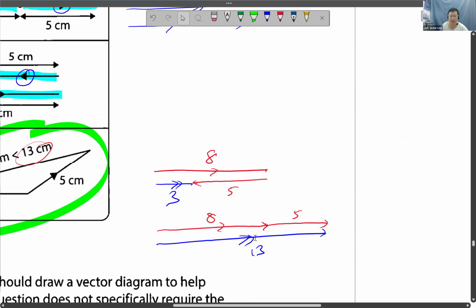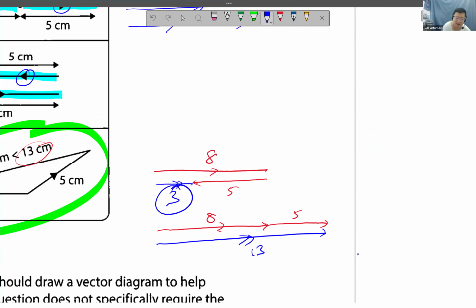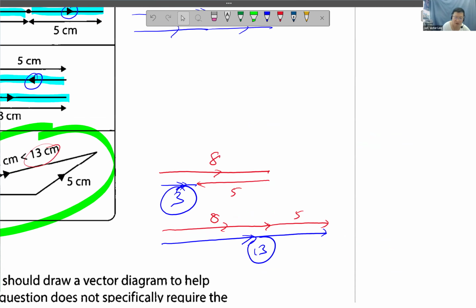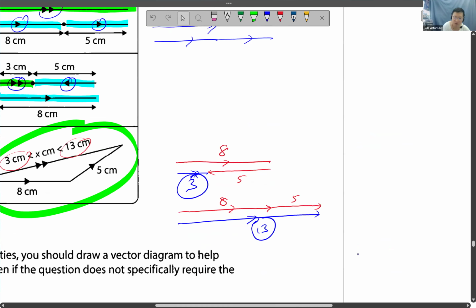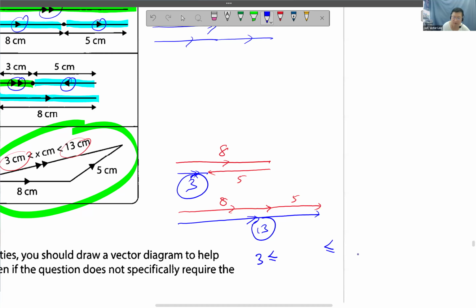If both vectors are moving in the same direction, the sum of them will be the total, which is the maximum. So do you realize I got minimum and maximum now? I know that the resultant could be from 3 up to 13. This is overall.